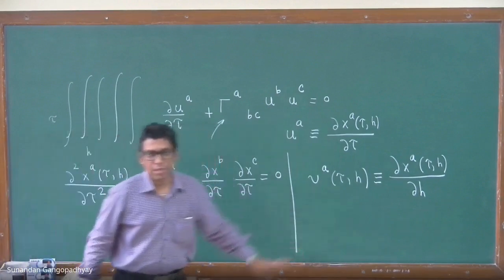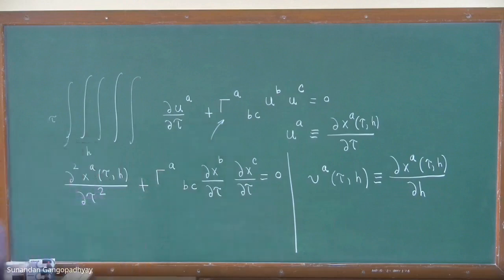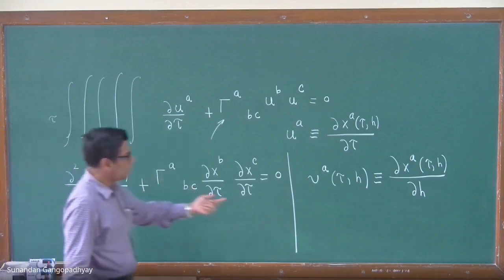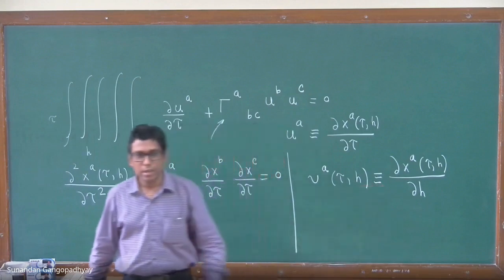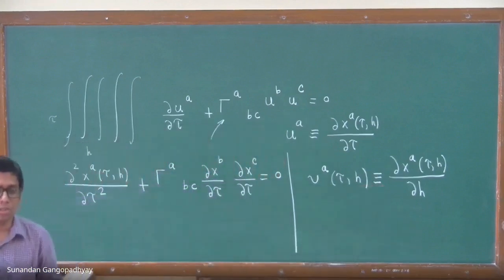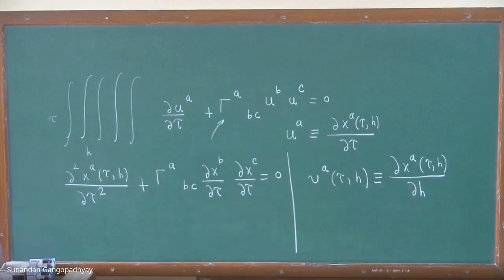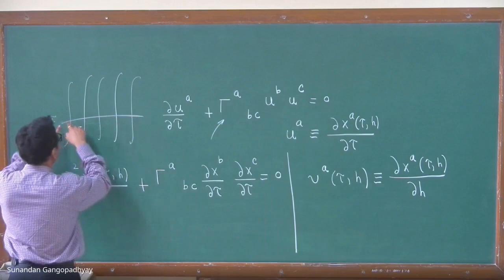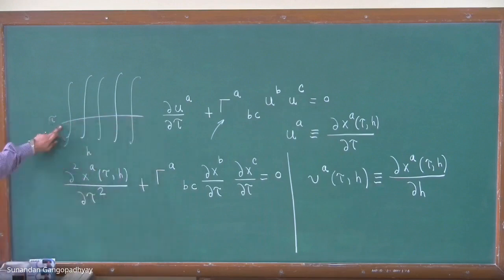This has an interpretation. It gives the difference in the coordinates of two infinitesimally close geodesics. You have two infinitesimally close geodesics here, and this V^A gives you an estimate of how much the two geodesics differ from each other, for a given value of tau, obviously, because all these lie on the same tau.